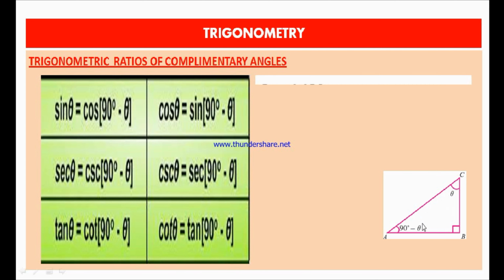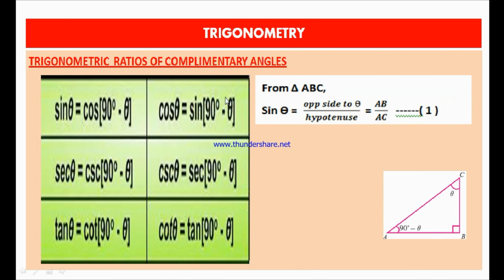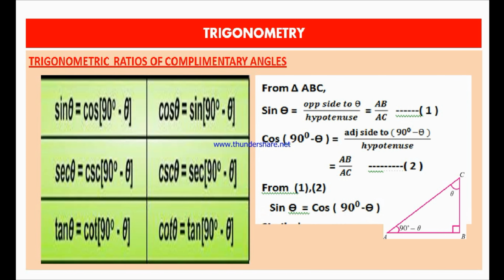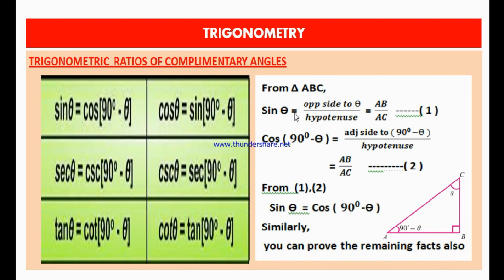Okay. Now, you see this. From this triangle ABC, here we will prove this one. That is, we have to prove sin theta is equal to cos 90 minus theta. LHS is sin theta. Therefore, using the formula, sin theta is equal to opposite side to theta by hypotenuse.